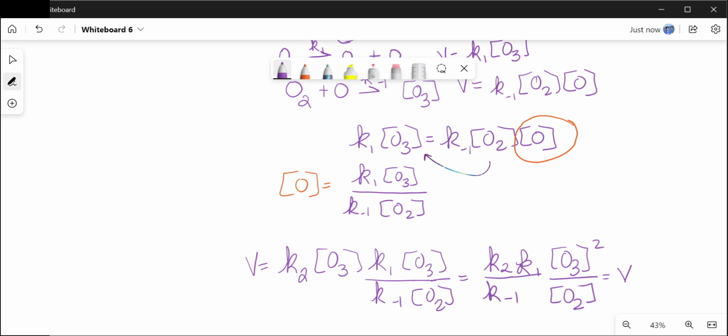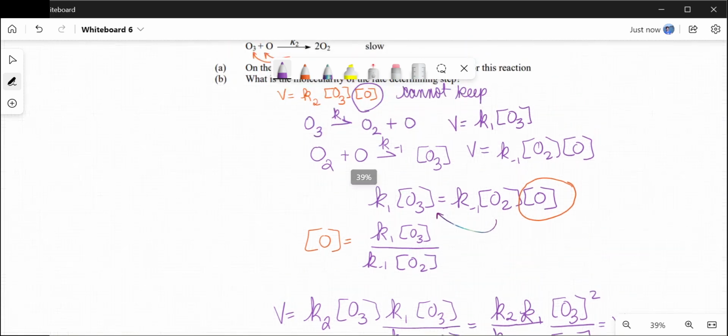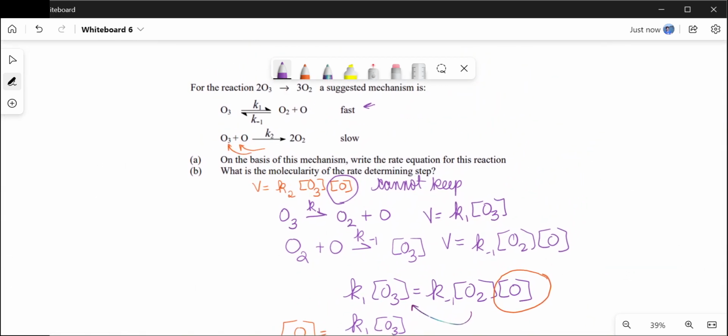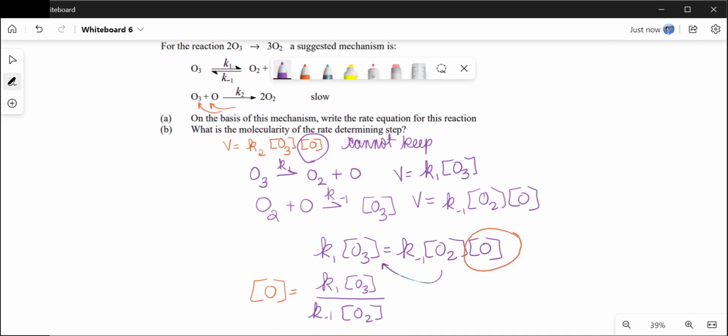So this has allowed us to take into consideration the fact that this reaction is going on as a two-step process, and it has an intermediate that gets used up in the second reaction. We need to reflect the fact that O does not appear in the overall balanced equation, but does appear as part of the rate equation.